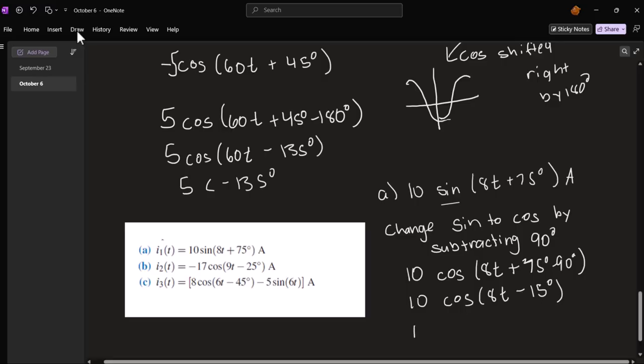So we would write this as 10 angle negative 15 degrees.